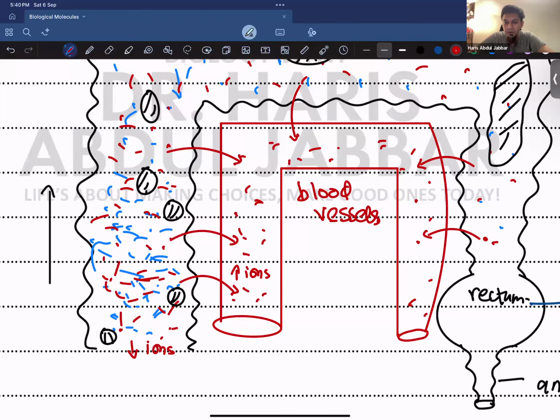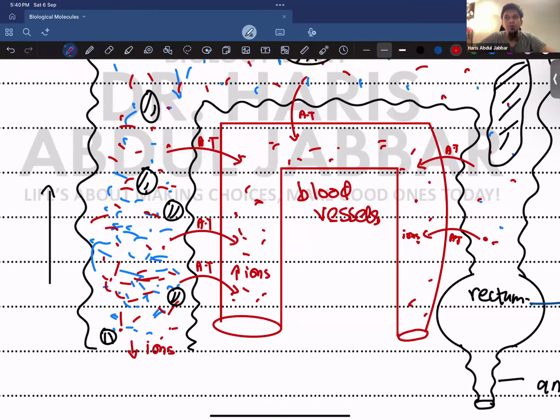Active transport. Osmosis से water molecules करते हैं. Very good, Daiba. So these mineral ions would be absorbed from the large intestine into the blood vessels through active transport, right?